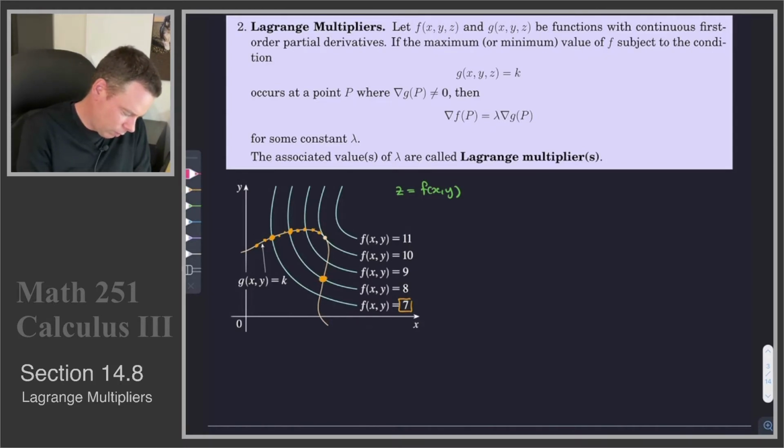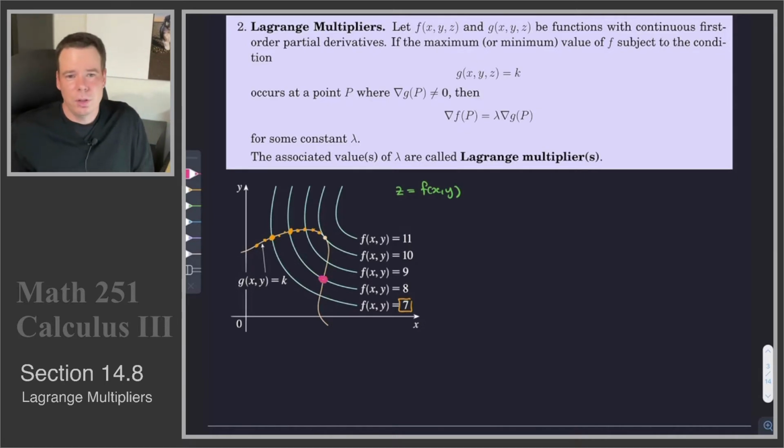Let's just think about this point down here. Maybe I'll put it in a different color. I'll put it in red. Let's think about that point there. Could my function little f have a maximum value at that point? And the answer is no, because I have that curve with points on either side of the level curve.